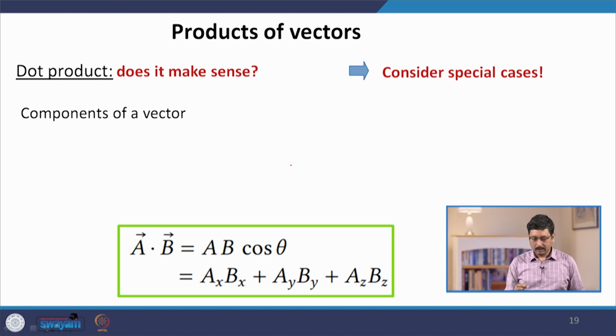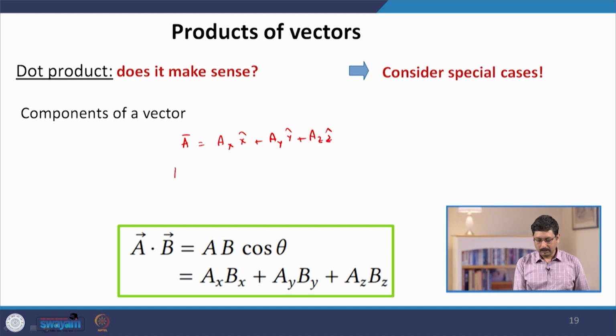Now, we can apply this concept of dot product to calculate or define the components of a vector. Suppose I take a vector A, which is a x times x hat plus a y times y hat plus a z times z hat. Let us calculate the dot product of this vector with the unit vector along the x direction. So, this is a x x hat plus a y y hat plus a z z hat dot x hat.